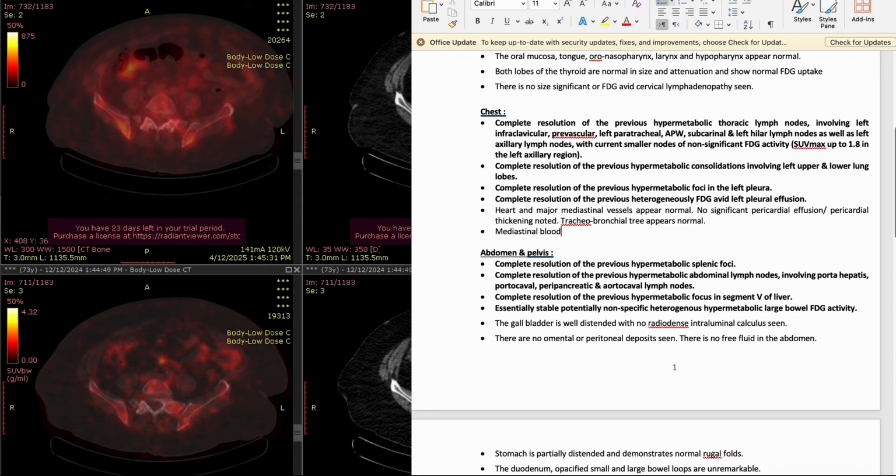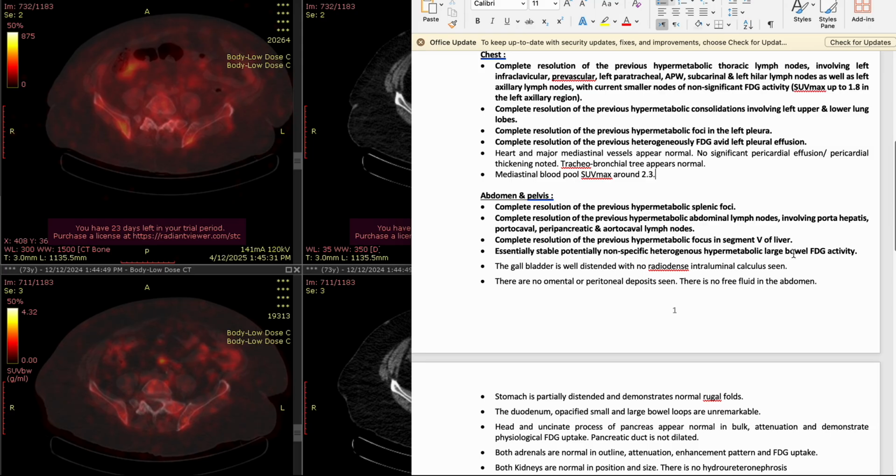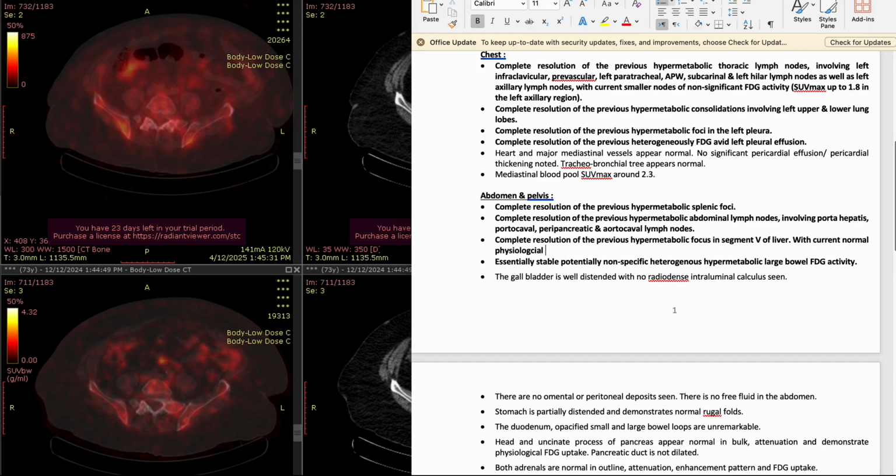Mediastinal blood pool SUV max around 2.3, and we should write the liver SUV max here, in the sentence of the liver, with current normal physiological liver FDG activity SUV max around 3.